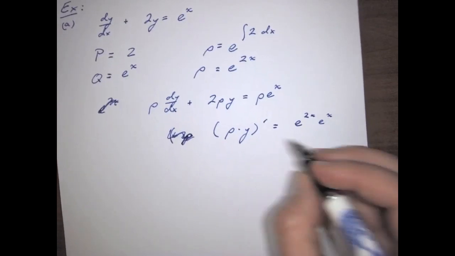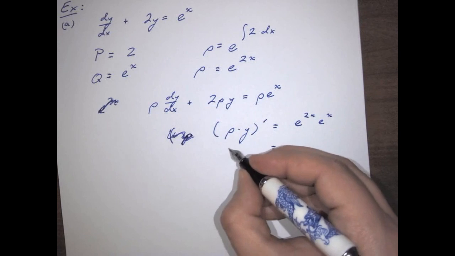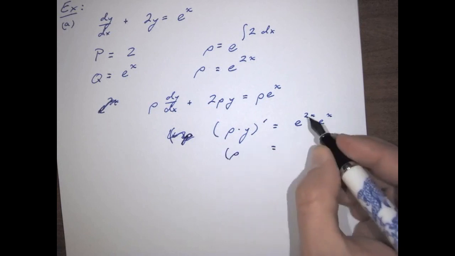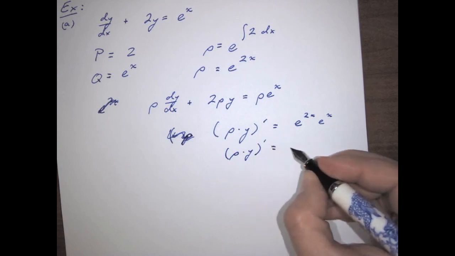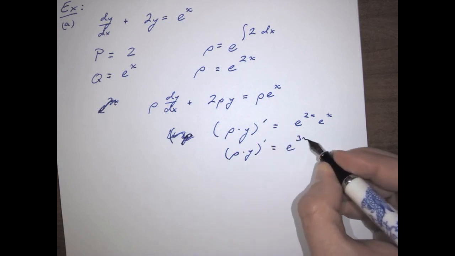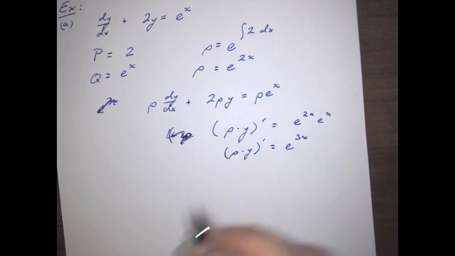So now where it's convenient, I'm going to go ahead and put in what rho actually is. Rho times y prime equals e to the 3x. Now, I'm just combining those.